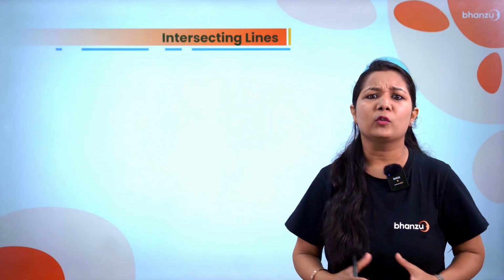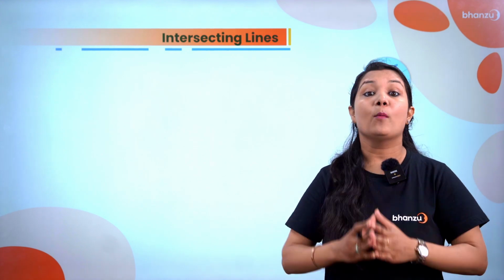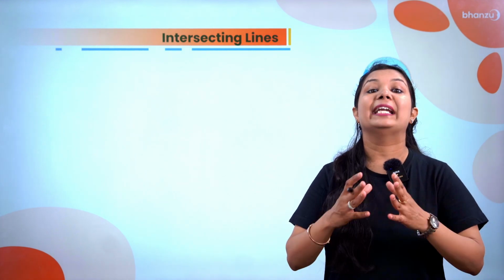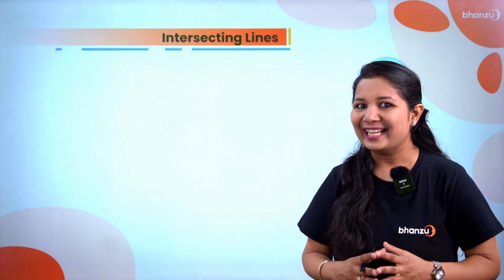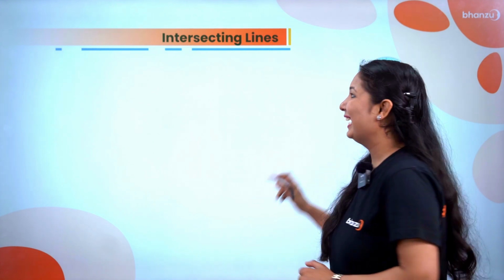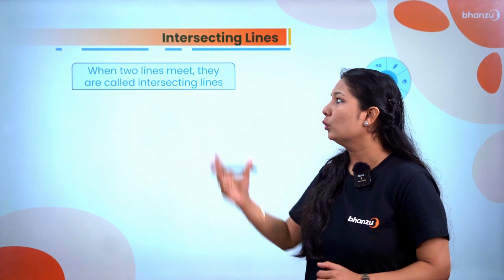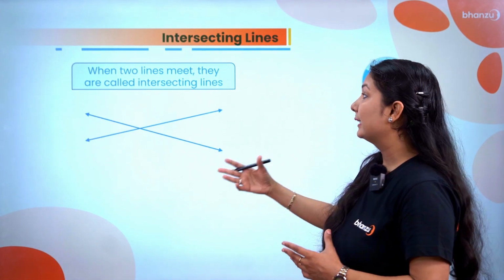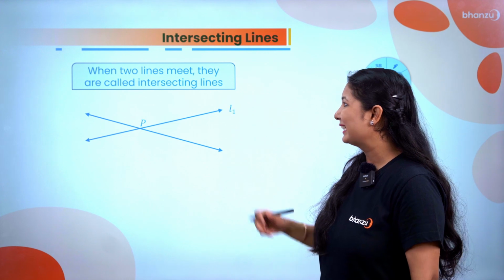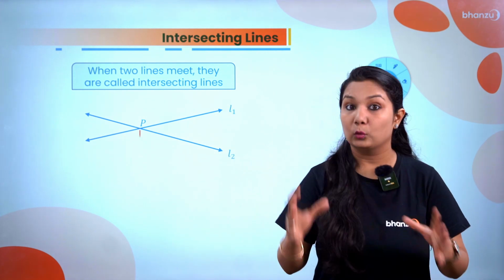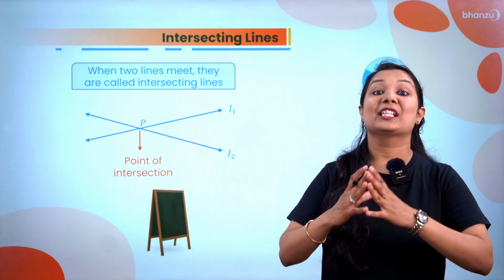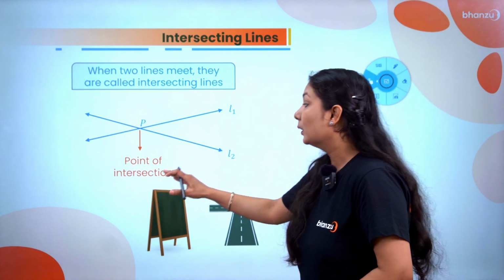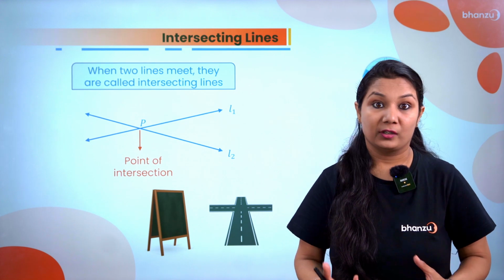But before we move to intersecting lines, I hope everybody knows the meaning of intersect, right? Which is meet. So let's see what are intersecting lines. When two lines meet, they are called intersecting lines. So here you can see L1 and L2 are two lines and they are meeting at a common point which is P, and this point P is called the point of intersection.